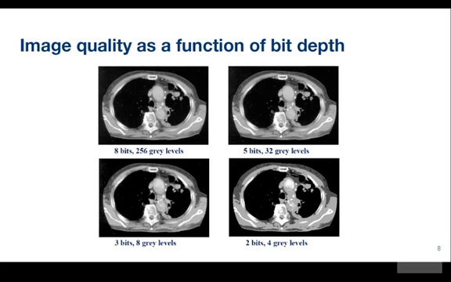And if we drop it back even further to just the 4 gray levels, you can see the image is not looking the same there. We can clearly see that we're limiting the information we can represent by not using enough bits to represent the full range of attenuation values there.